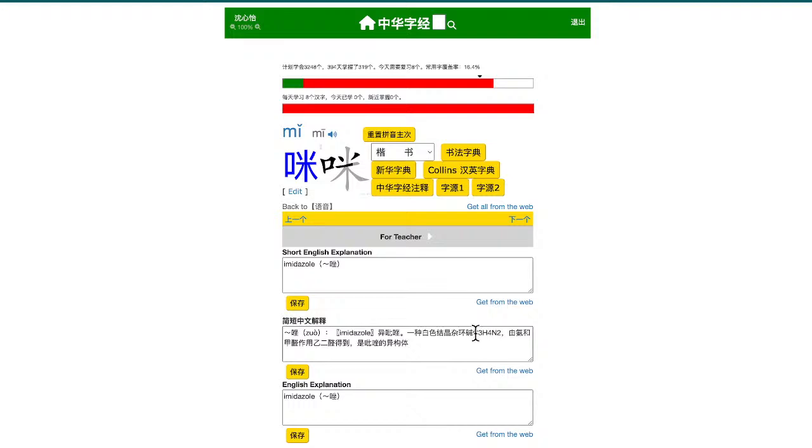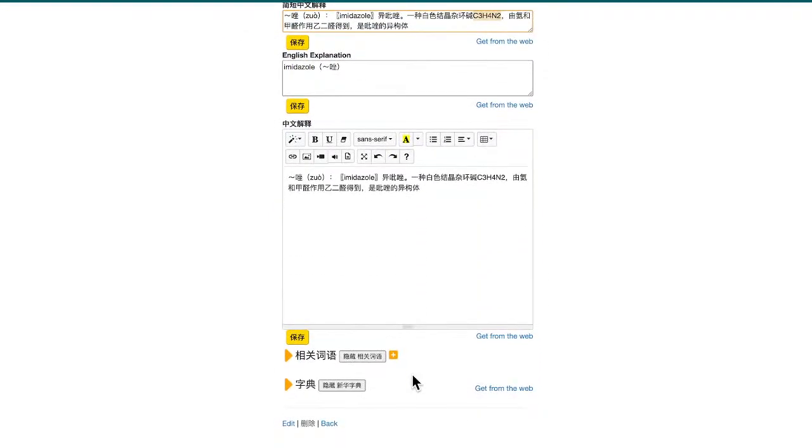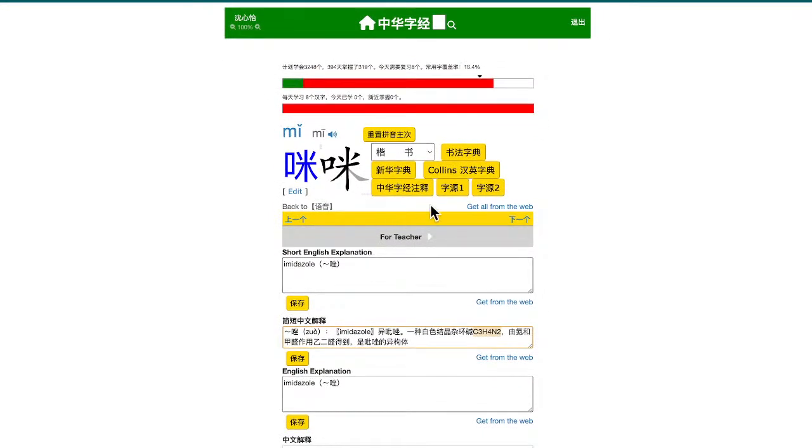I'm pretty bad at chemistry, so it doesn't make sense to me at all. But anyway, this is a chemical compound called 咪唑. I guess this is probably a very common medical chemical compound. In that specific case, you need to pronounce it as mǐ, okay.